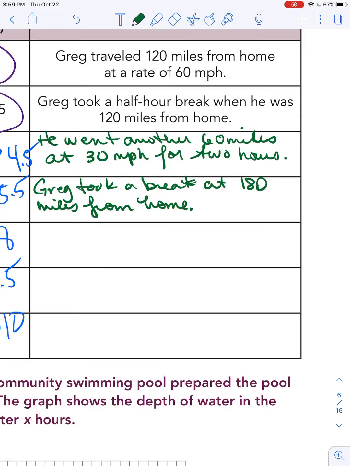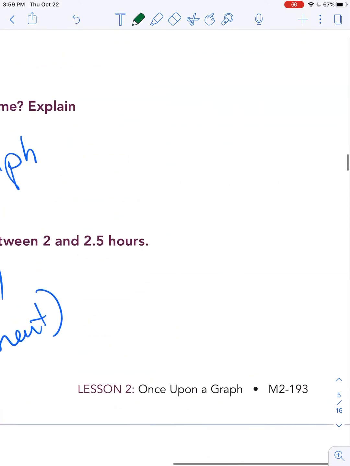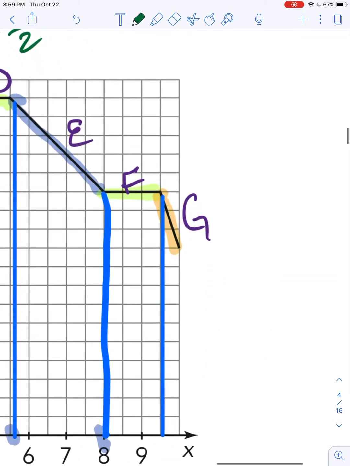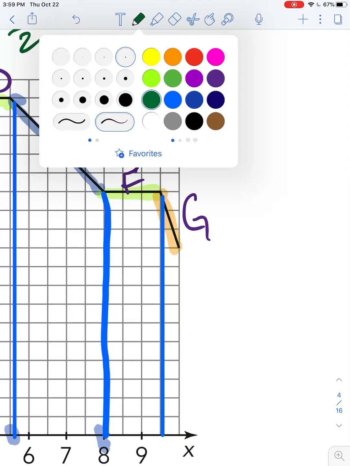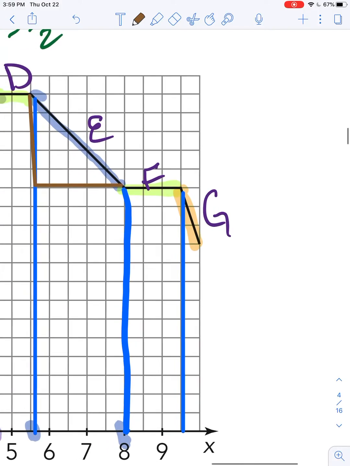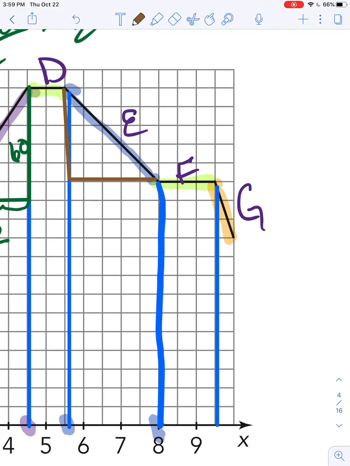Then we're going back towards the house, boys and girls. We're going back towards the house, so that we have a negative slope going on here. I'm going to pick a different color. Go with brown. Okay, so again, we're going over a half, a whole, a half, a whole, a half.